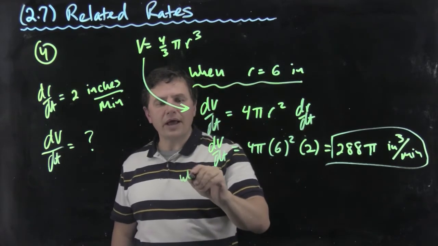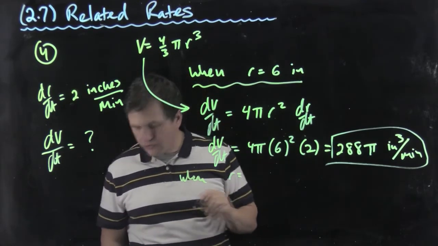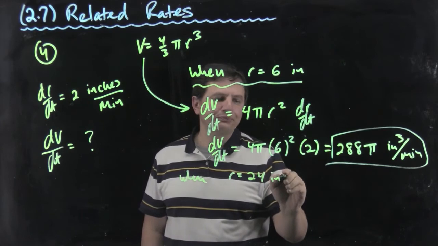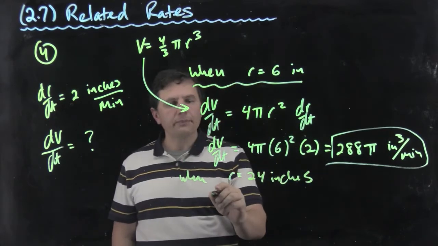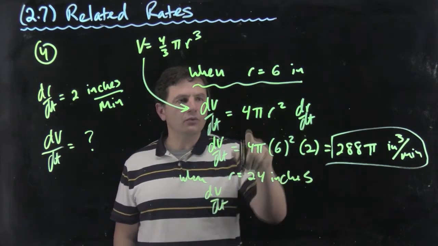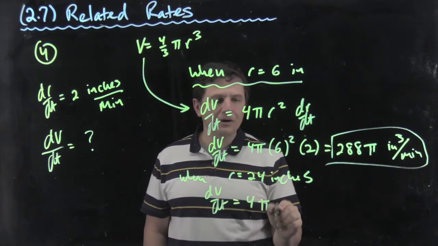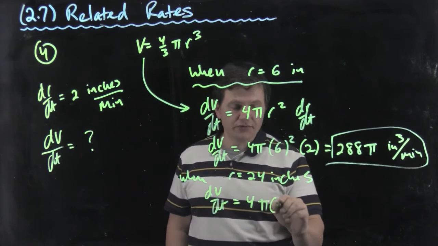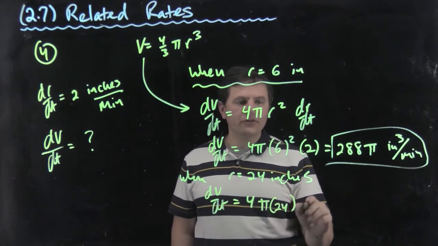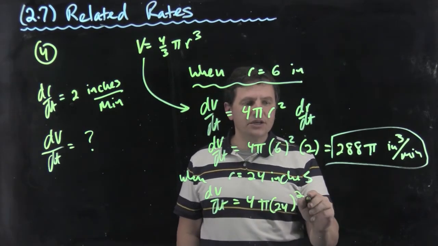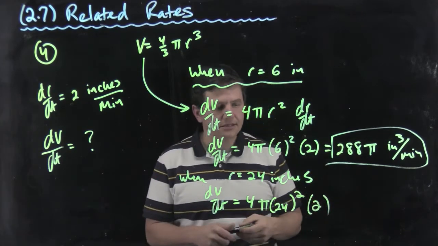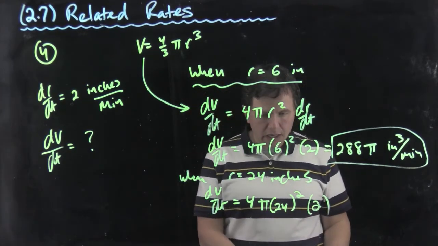Now let's look at when R is equal to 24 inches. Okay, so dV over dt, we're still using this formula, is equal to 4 pi. R is 24, it's right in front of me. So that's 24 squared, and then dr over dt is still 2. That's a constant. Okay.